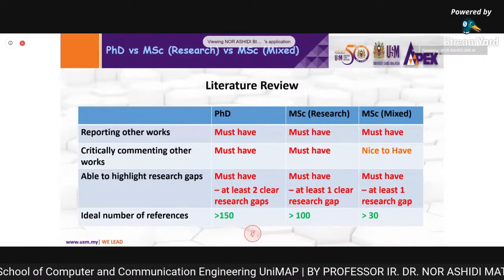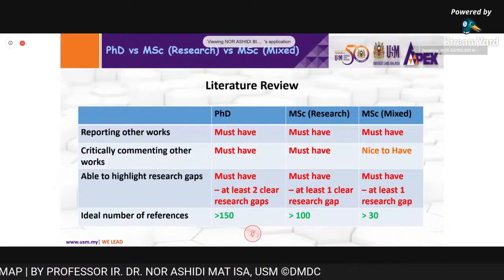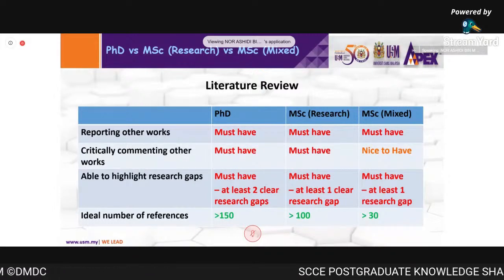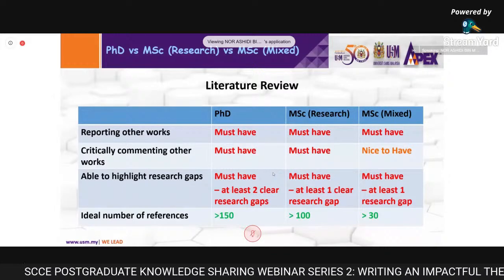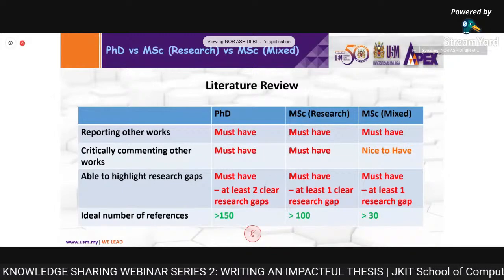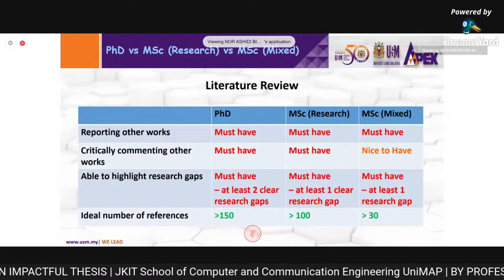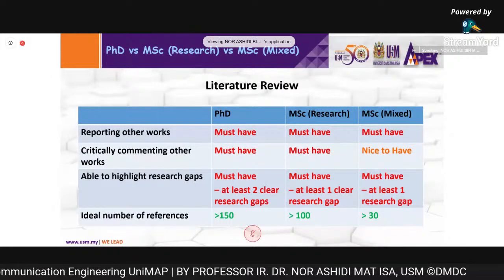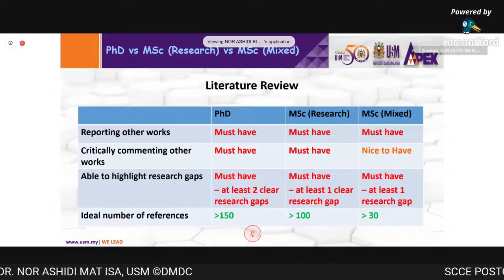Okay, because I know some postgrad students want to add more references. So they make a very general statement. For example, neural networks have been used widely in robotics, and then after that they give a list of references, let's say 5 references.